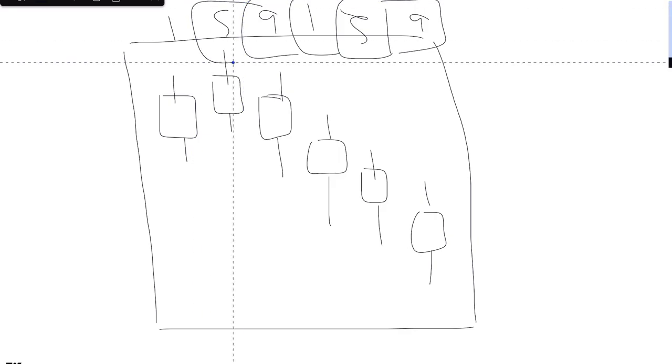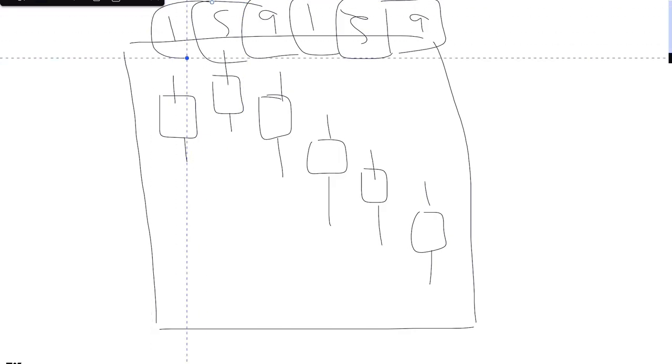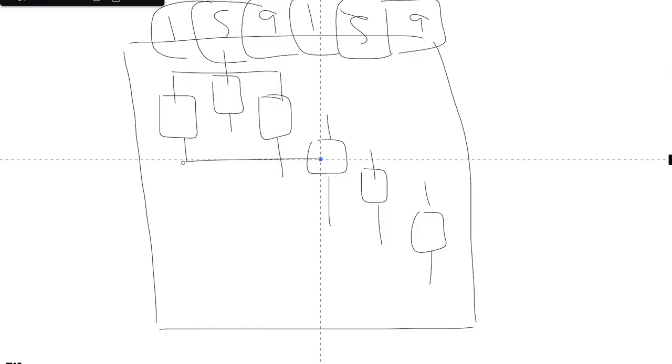Right, 1, 5, 9, 1, 5, 9. In the futures market, it's 2, 4, 10, 2, 4, 10, and so on. Right? One, five, nine.